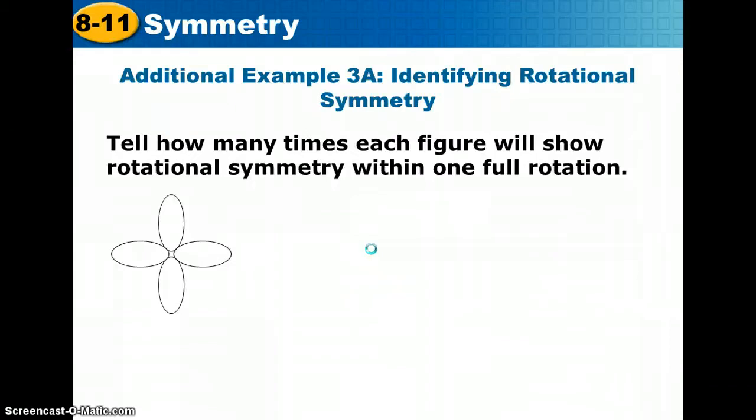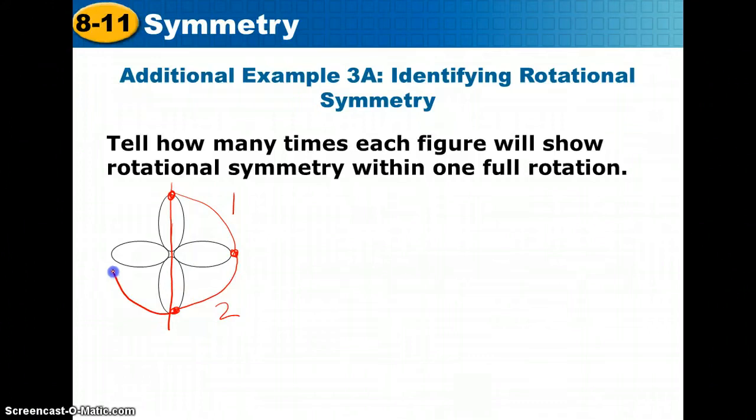Let's tell how many times each figure will show rotational symmetry within one full rotation. So let's draw a line of symmetry. So here's my starting point. How far can I rotate this until it's going to look exactly the same? I can rotate it to here. 1 rotation. This point can then go to here. My second rotation.